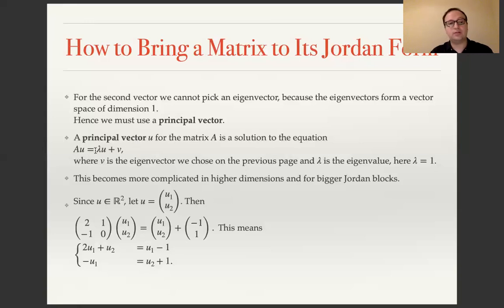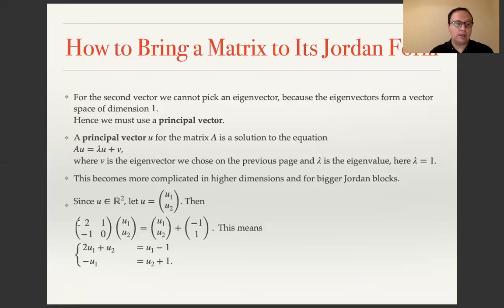So let's solve this equation and find u. So u is again a vector with two components. Let's call them u1 and u2. And then let's write the equation.